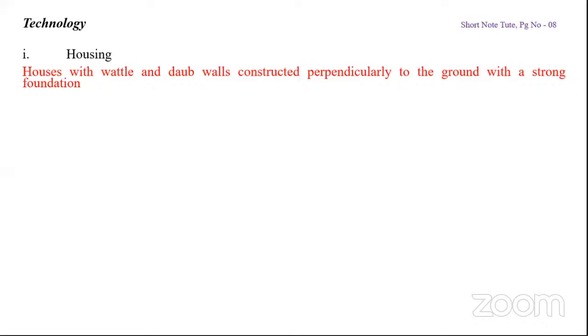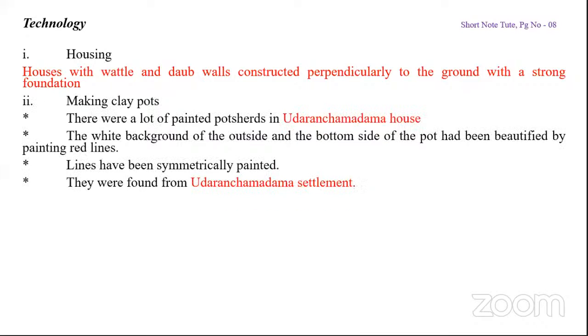They knew that if they don't construct a house or walls on a strong foundation, they will sink. The other thing they knew was that walls must be constructed perpendicular to the ground, otherwise they fall. Those are the two things they knew regarding housing.